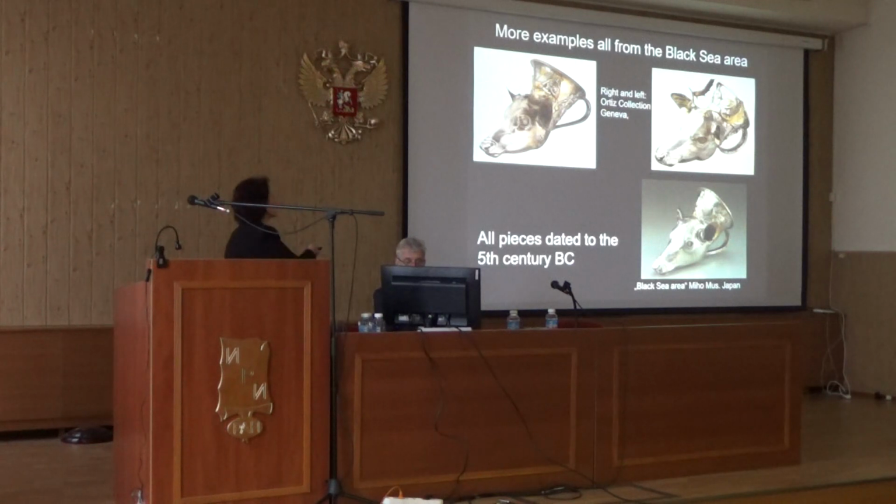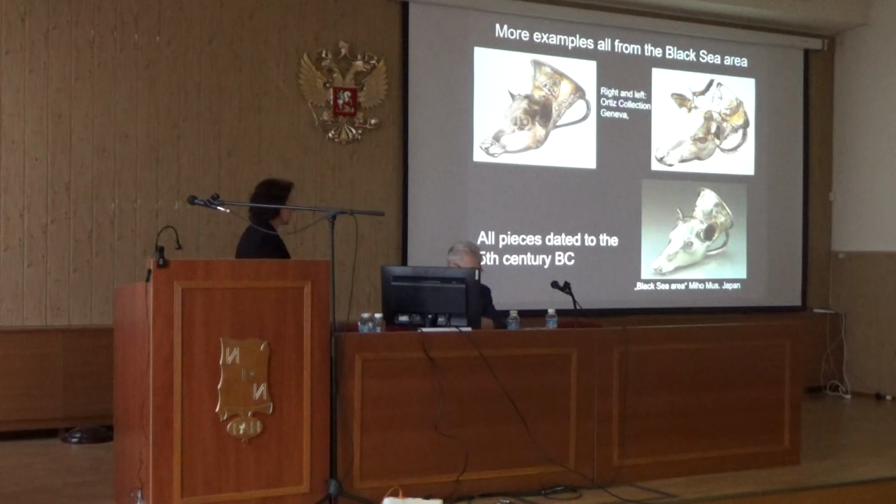And this piece here is in the Miho Museum in Japan. Also this one has the same kind of working technique. All of them are stolen, of course, and they are all dated to the 5th century BC, so they are slightly later than the Rhyton from Trieste.